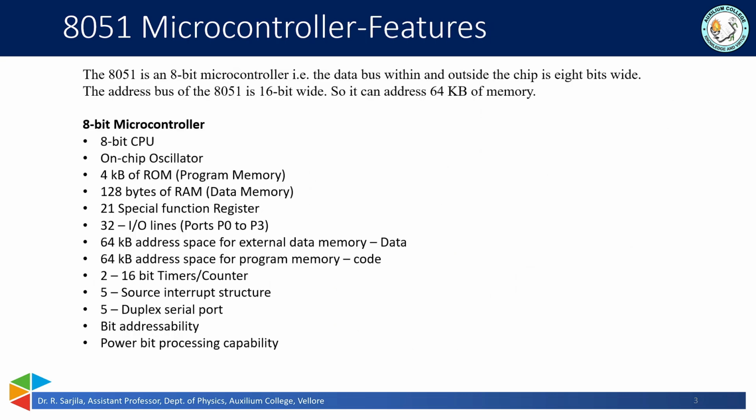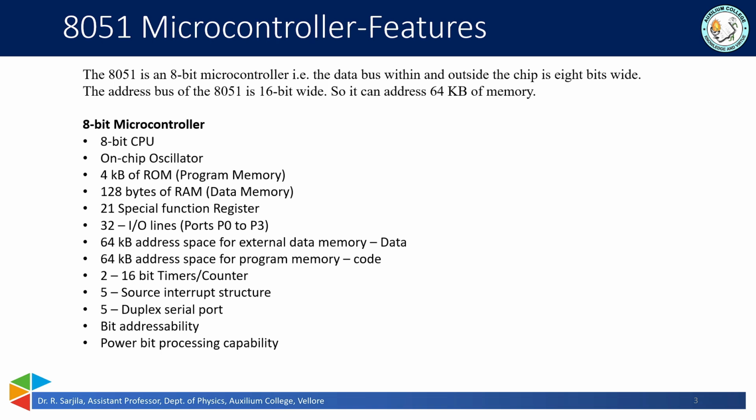Let's see about the features of microcontroller 8051. This controller provides many functions in a single package, that is CPU, RAM, ROM, IO ports, interrupt logic, timers, etc. It has an 8-bit CPU, 8-bit ALU, accumulator and 8-bit registers, hence it is an 8-bit microcontroller.